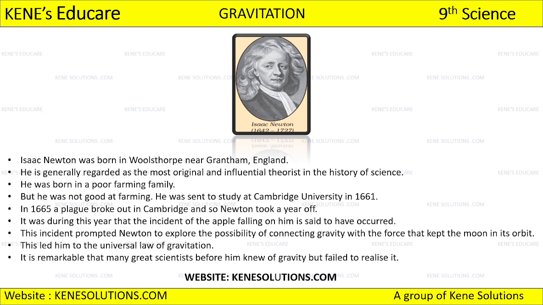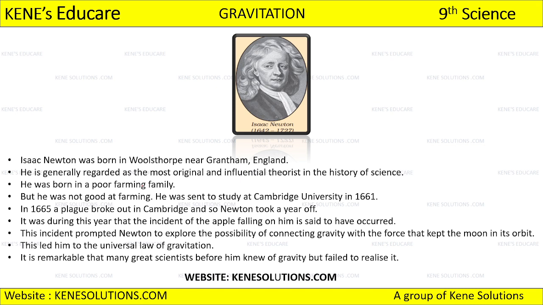Then in 1665 a plague broke out in Cambridge, and Newton took a year off, and it was during this year that the incident of the apple falling on him is said to have occurred.